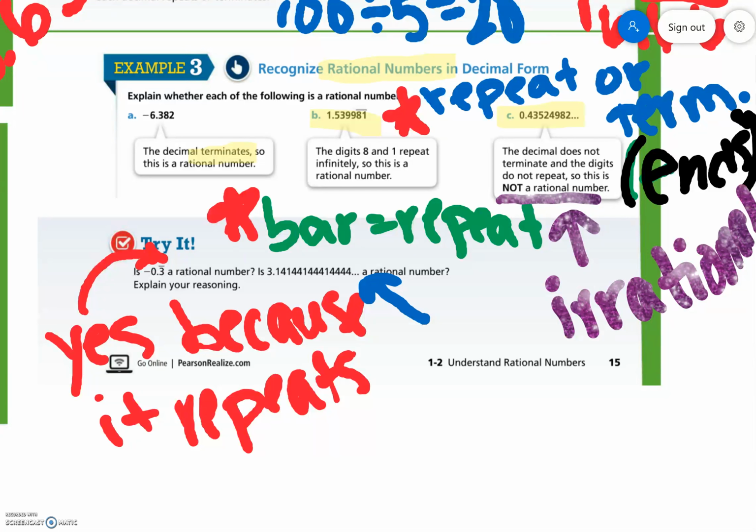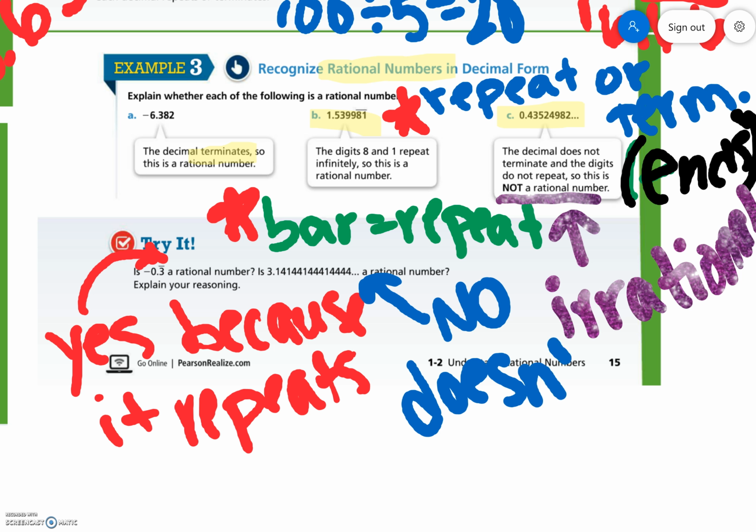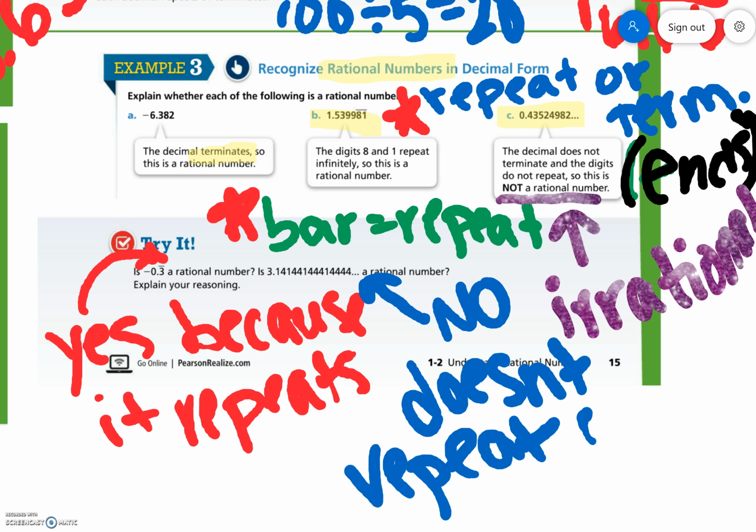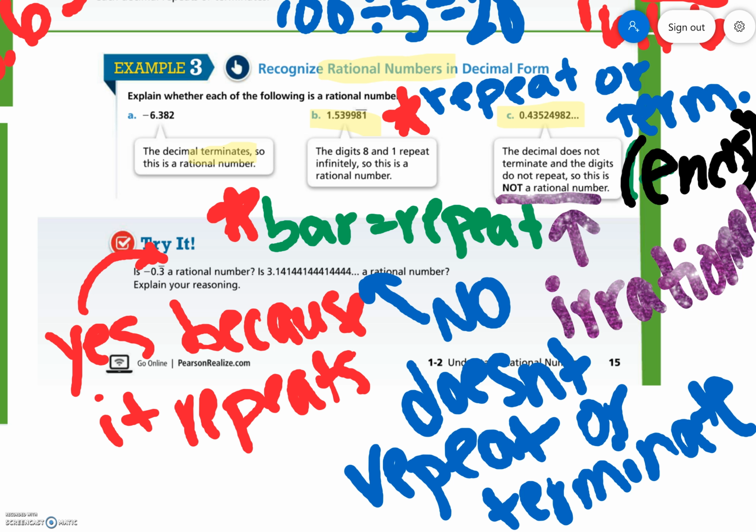Also, it has a dot, dot, dot, which tells me it does not terminate. So it does not terminate and it does not repeat, meaning that it is not a rational number. No, it is not a rational number. It doesn't repeat or terminate. Remember, terminate means end.